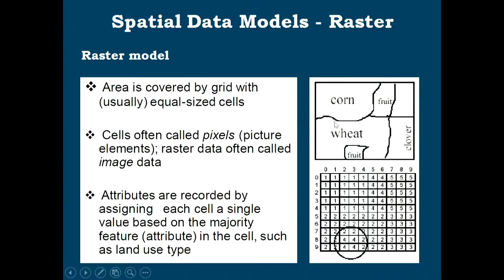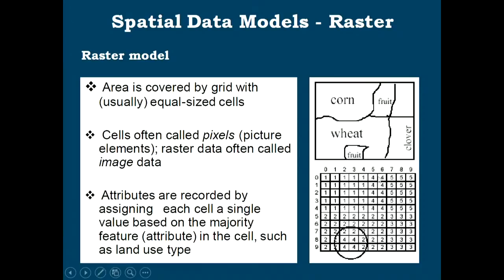But how does the computer understand it? The computer understands them in the form of a grid, and these grid cells have specific numbers. If you see here, corn is represented by the number 1 in this grid. Similarly, fruit is represented by the number 4.